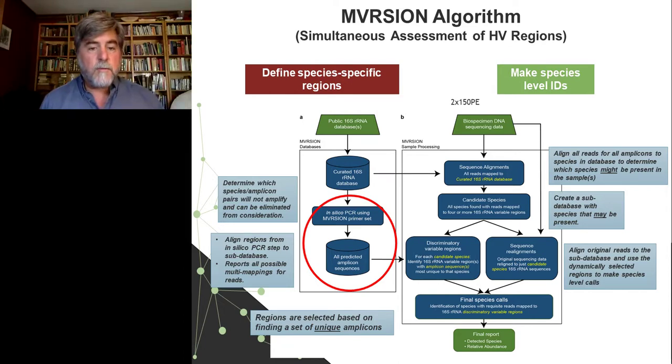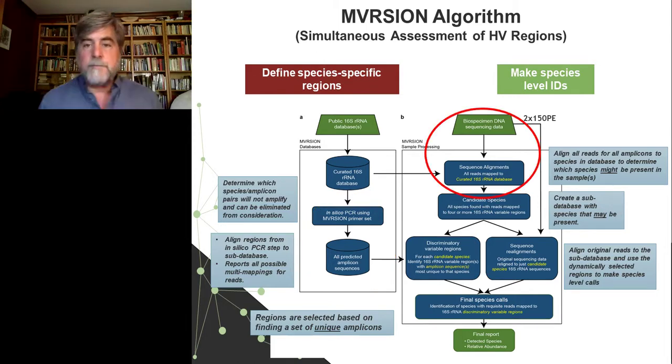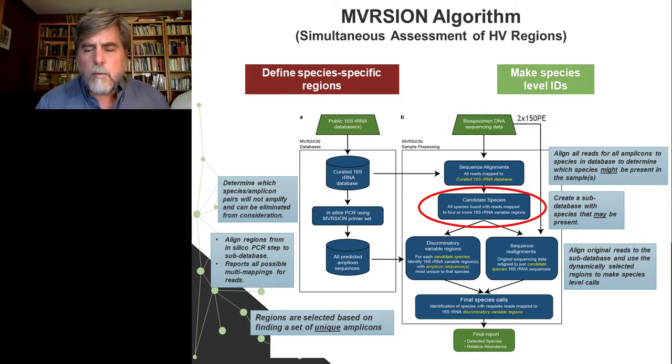So okay, now we're going to stop on the in silico side, and we're going to move over to the bench side. So as I said before, we do 2x150 paired end sequencing. We take whole DNA from whatever biospecimen we have. We add all those primers, and we end up with a whole bunch of hypervariable region amplicons, hypervariable region 1 through 8. And then what we'll do is we align all of those amplicons to the curated full-length database.